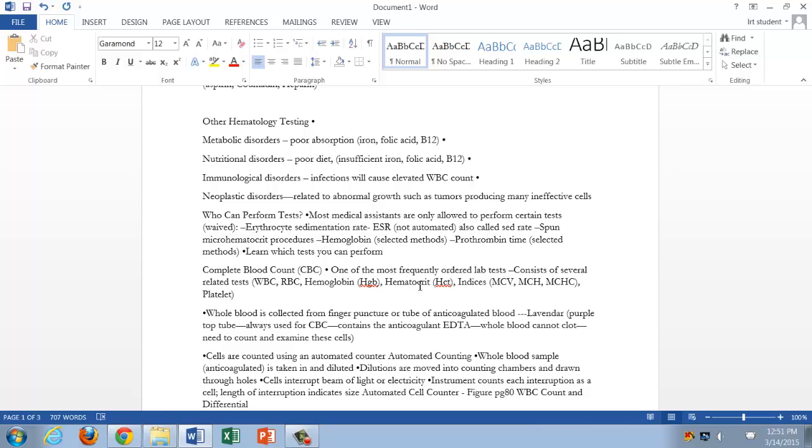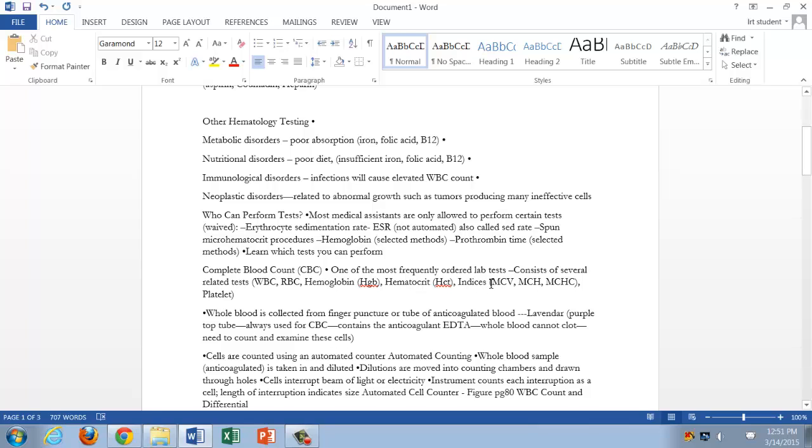So we report hematocrit in a percentage. So for however many milliliters of blood we collect, what percentage of that total volume of milliliters is red blood cell? That would be the hematocrit determination.